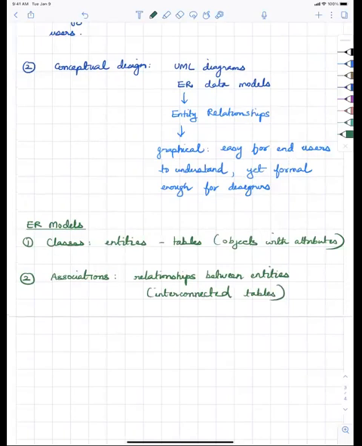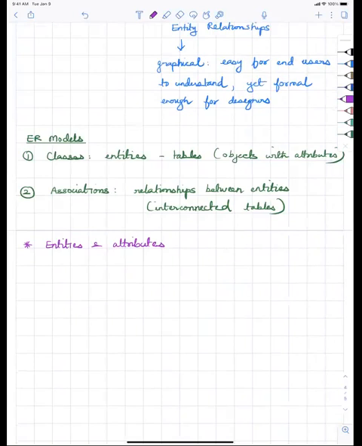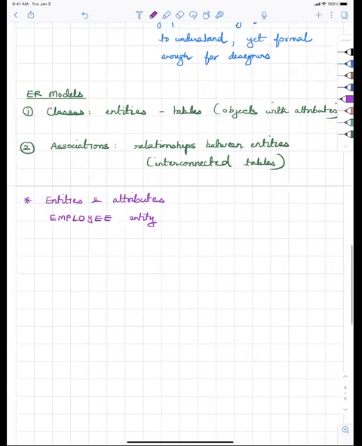So first, let's start with the entities, the classes. Again, I'm going to use the relational database company. We look at the employee entity, because employee is one of the biggest entities in the whole company database. It's an object, and every employee has attributes.